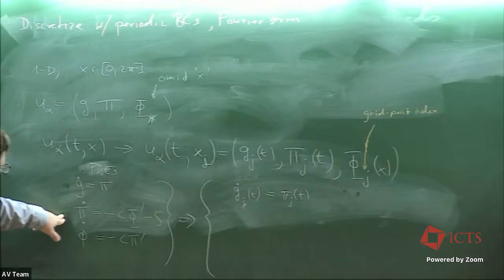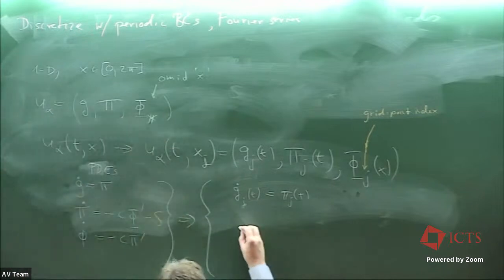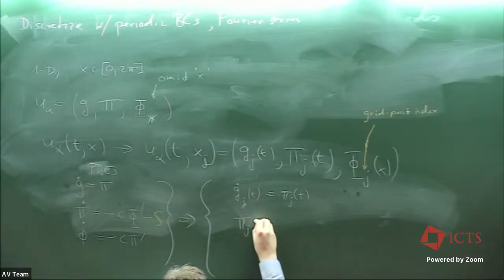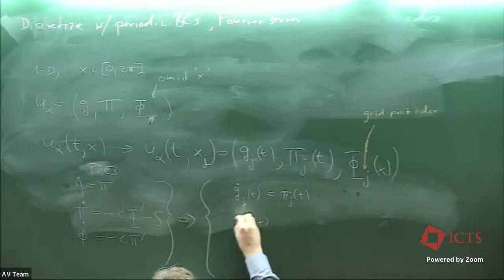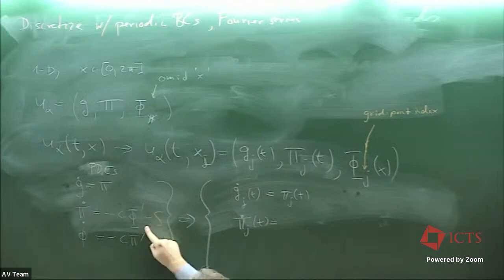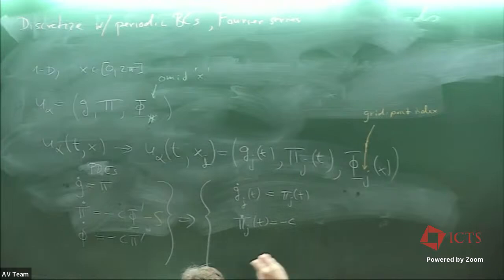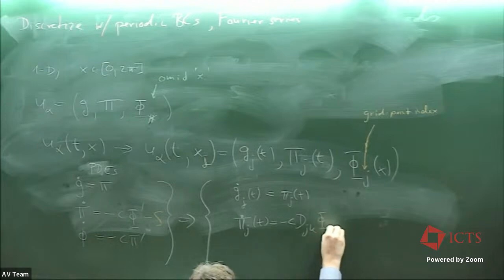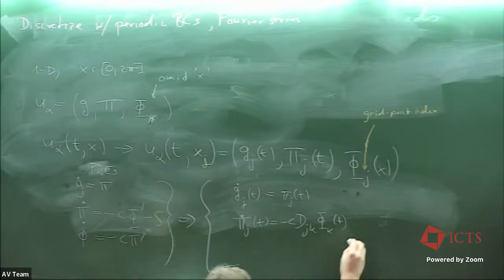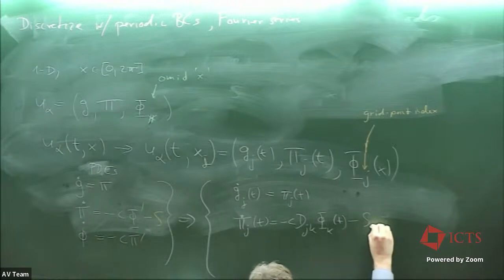For the next one, we have pi_j of t, first time derivative on the left-hand side, equals a derivative. So here we throw in our differentiation matrices, D_jk phi_k as a function of time. And if we have an s, there's an s_j of time here as well.